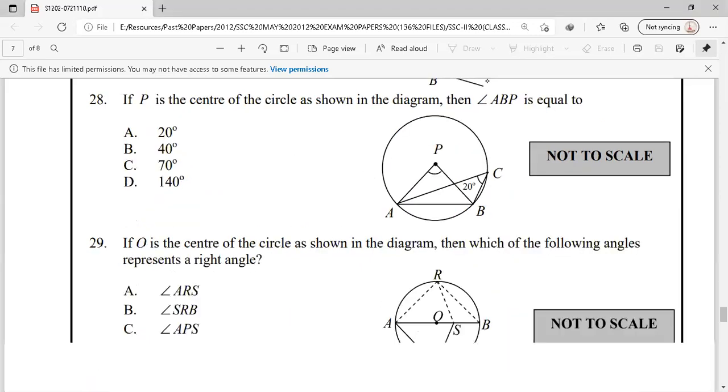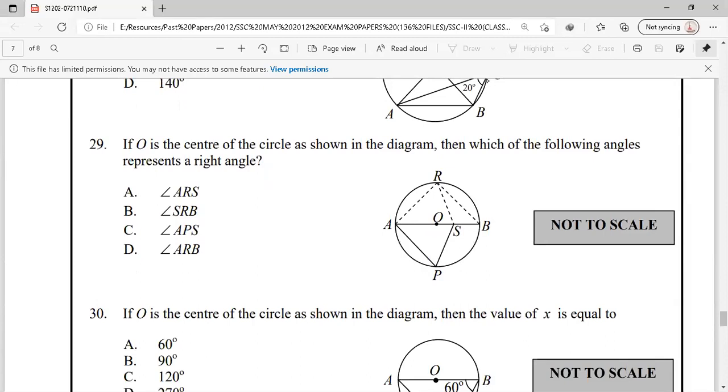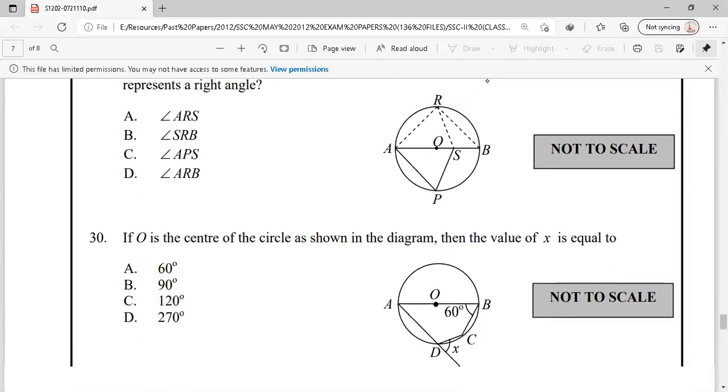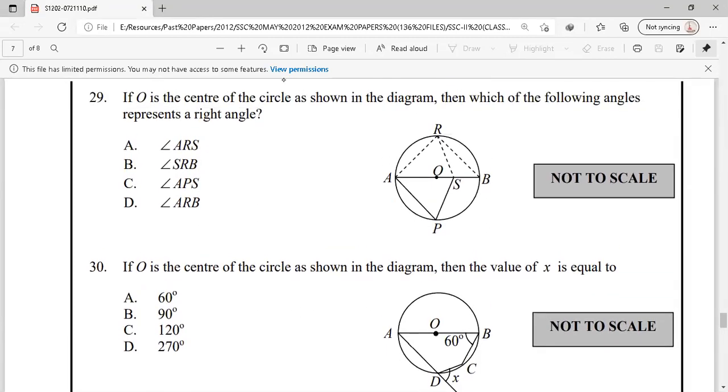Let's see the last two questions, question number 29 and 30. If O is the center, as shown in the diagram, which of the angles will be a right angle? We know that whenever an angle is formed in a semicircle, it is always equal to 90 degrees, and a semicircle is formed with the help of a diameter.